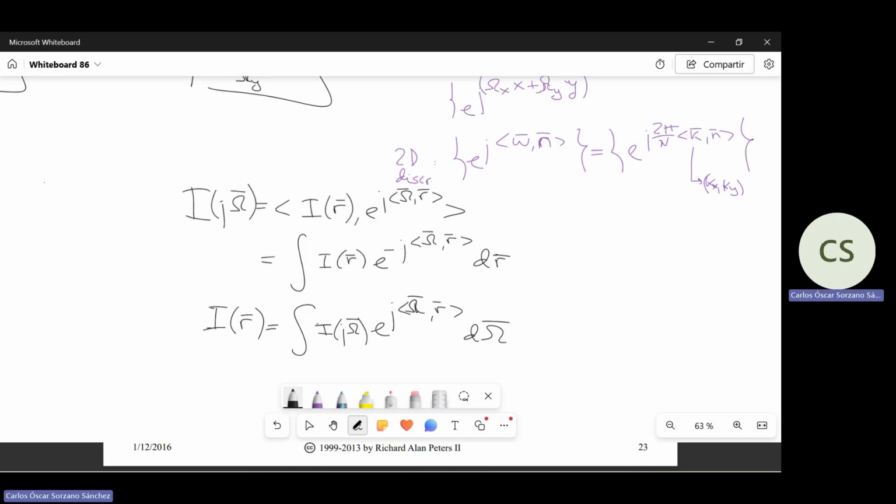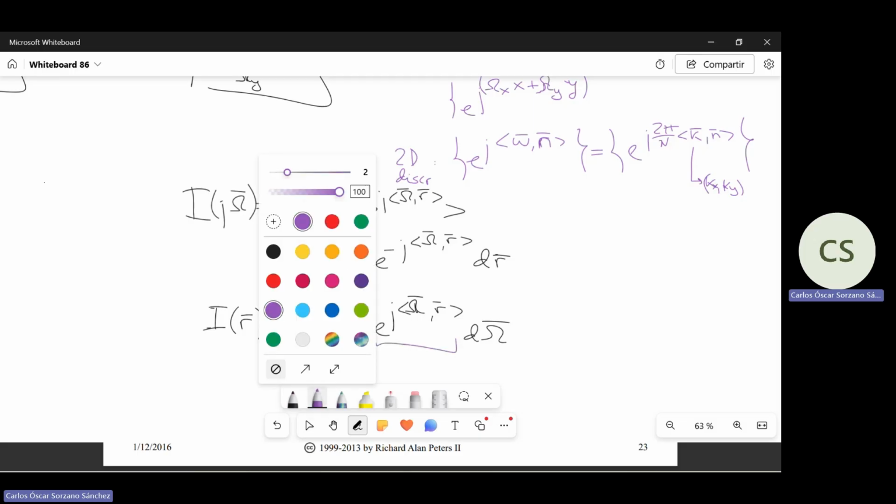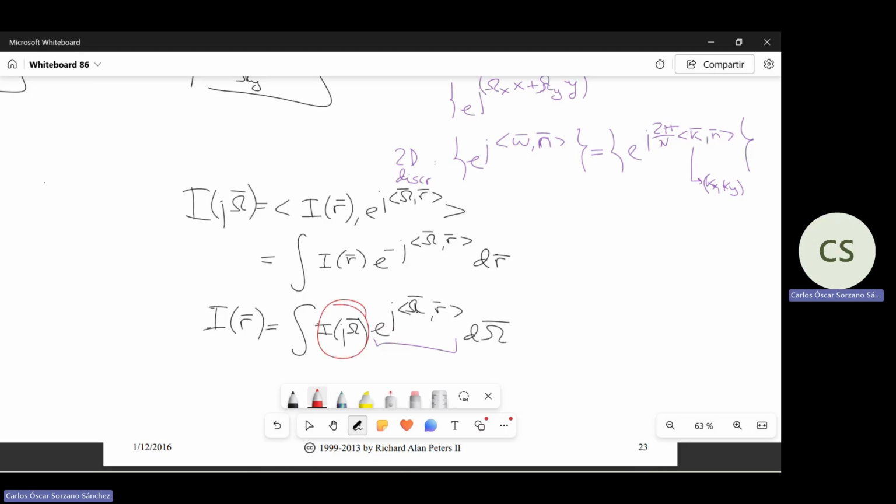So I have to sum over all frequencies, take the basis, multiply by the Fourier coefficient in front, and then I reconstruct my full image. Okay. So this is the inverse Fourier transform. This is the inverse Fourier transform. This is the forward Fourier transform.